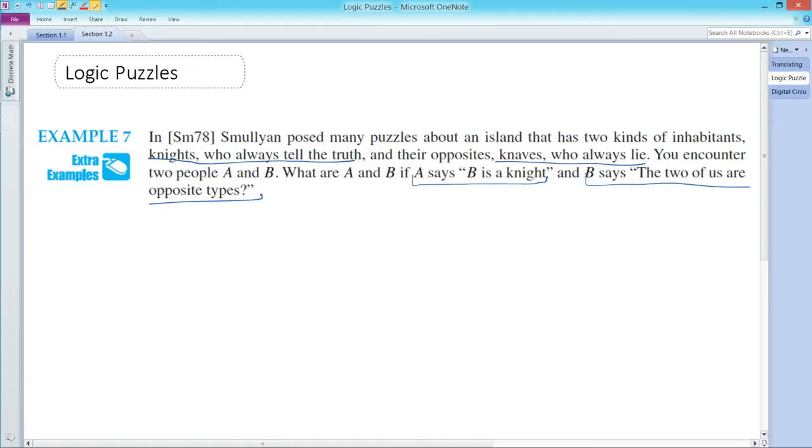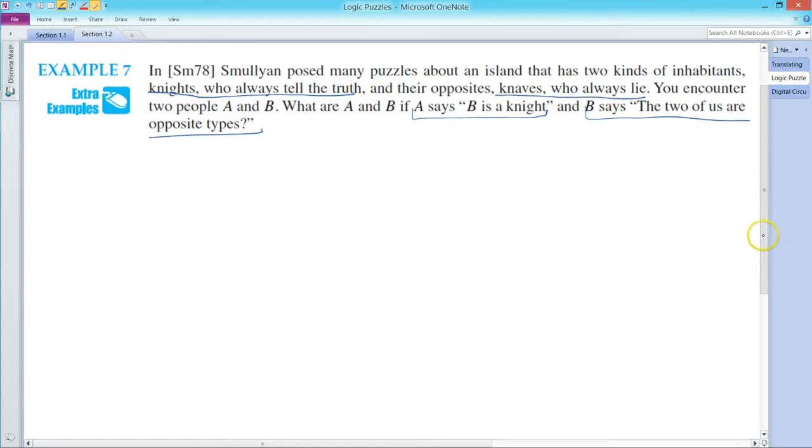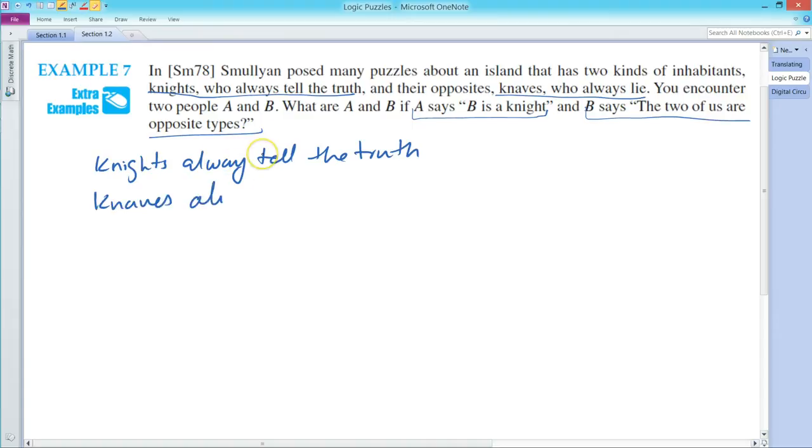So let me just rewrite the facts for our convenience. Knights always tell the truth, and knaves always lie.